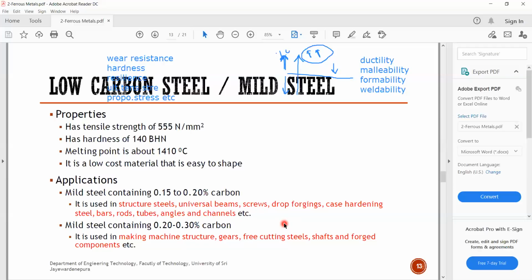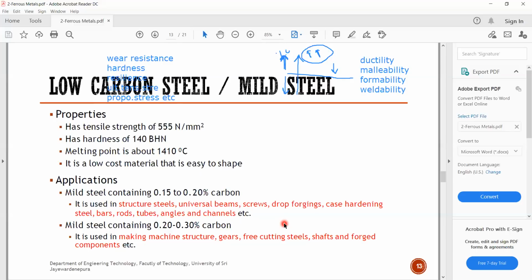We'll discuss the heat treatment process later. So these steels are not suitable for heat treatment, but you can do cold working. These steels have comparatively less strength than medium and high carbon steel.